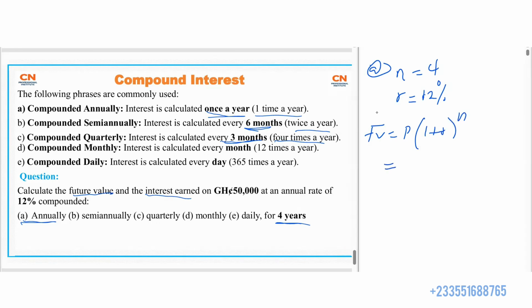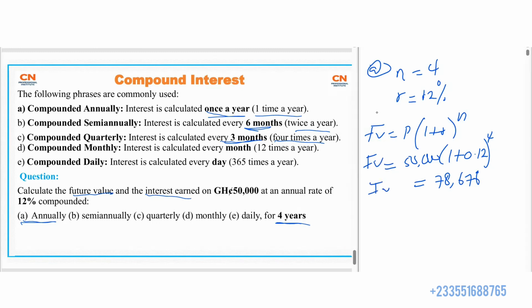So future value is equal to the 50,000 that we are investing right now, times (1 plus 0.12) raised to power 4, and this gives us 78,676. So this is the future value.